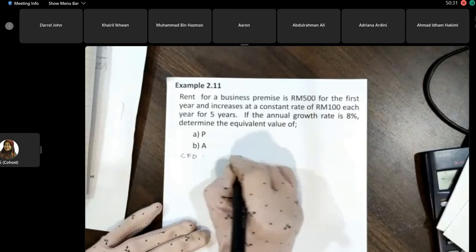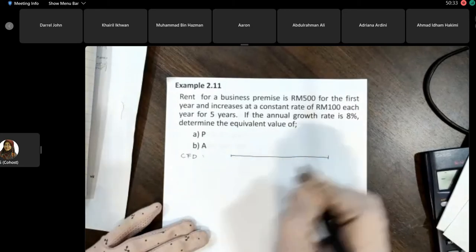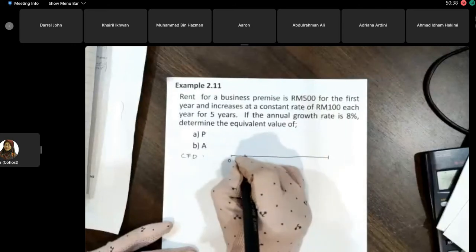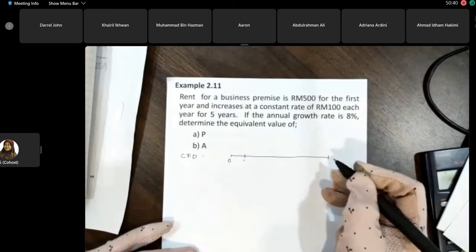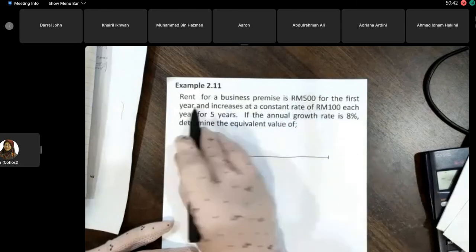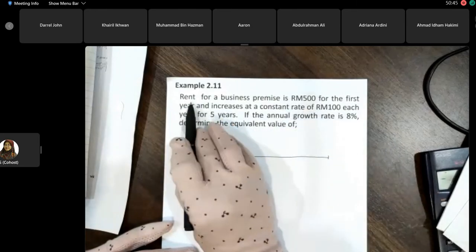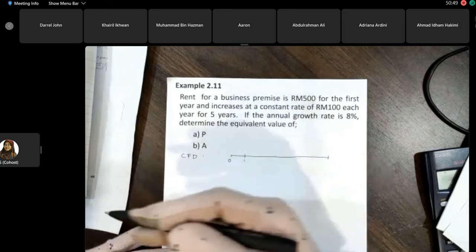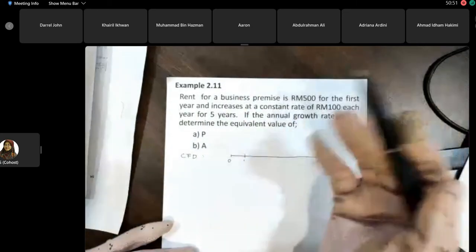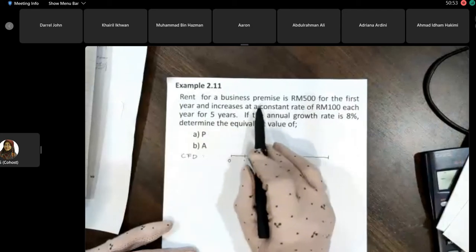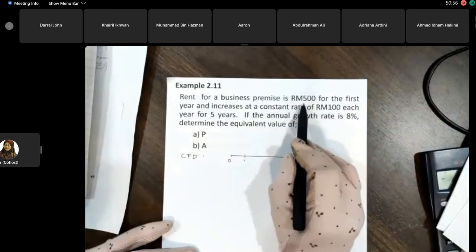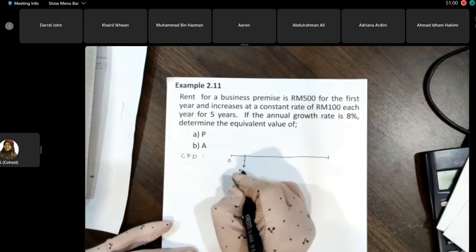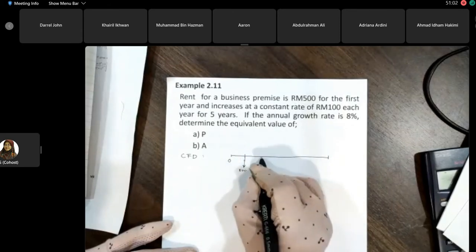Then tak lukis. Okay, your time scale, that 0. And then you have 1. Okay, then what is the information here? Rent for a business premise is 500 ringgit. So you have to pay the rental punya premise ni is 500 ringgit for the first year. And for the first year you pay 500 ringgit. Then the second year also.